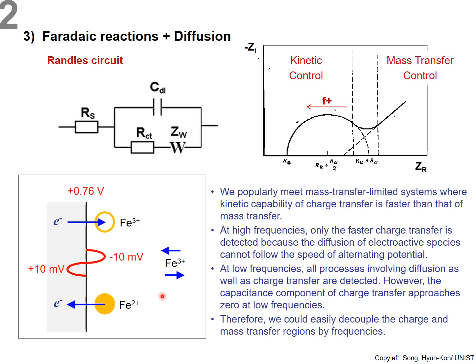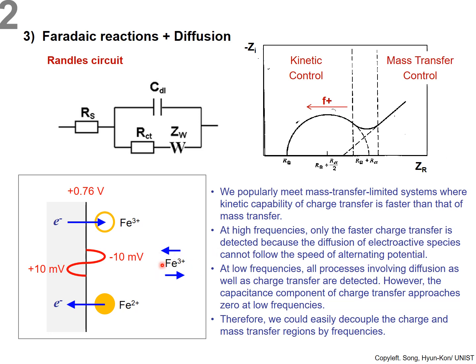So let me read some statement here. We popularly meet mass transfer limited systems where kinetic capability of charge transfer is faster than that of mass transfer. Fe3+, Fe2+ is that case. At high frequencies, only the faster charge transfer is detected, because the diffusion of electroactive species cannot follow the speed of alternating potential.